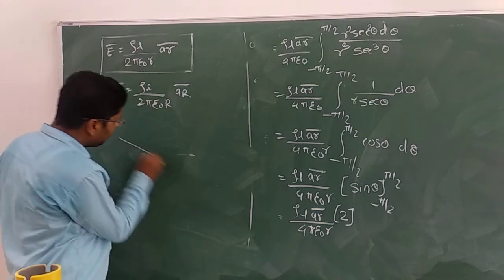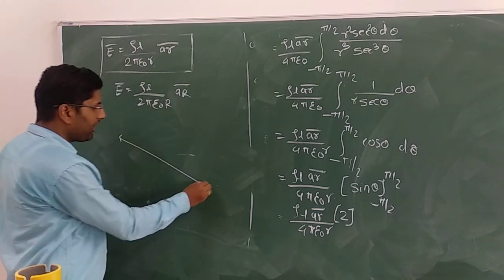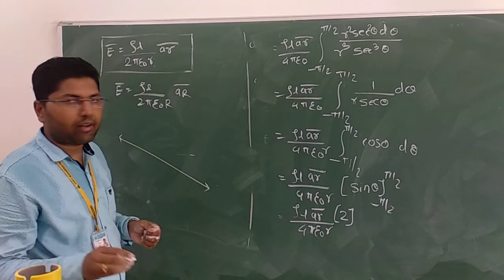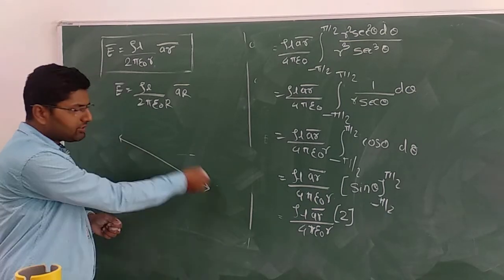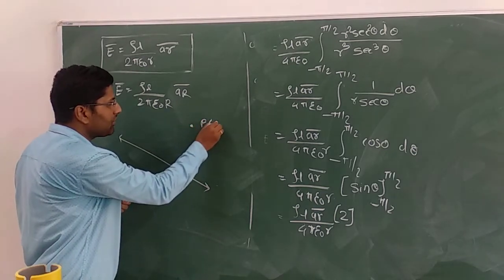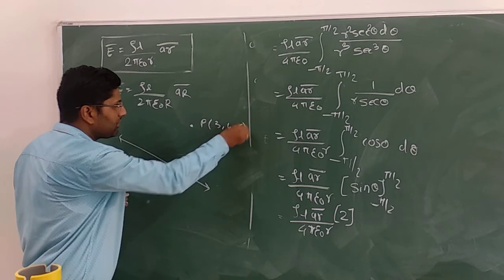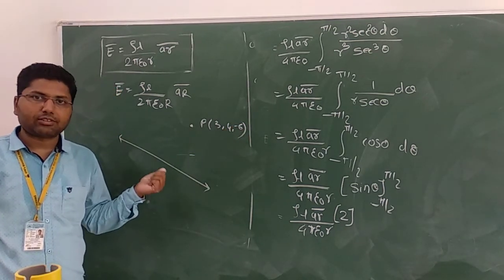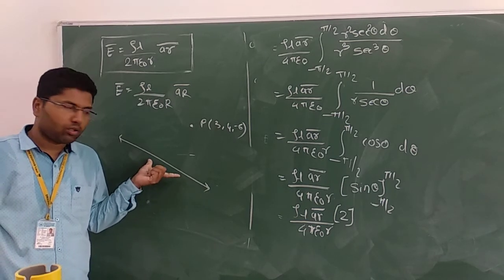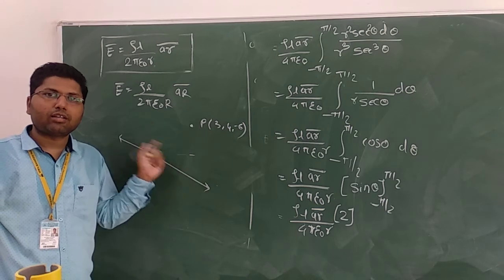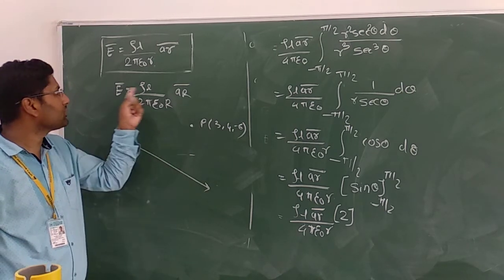Suppose they have given a line charge, and they have given the coordinates of the line charge, and you have to calculate the electric field intensity due to this line charge at any point. Suppose the point 3, 3, 4 or -6 is given. I want to calculate the electric field intensity generated by this line charge at this point. At that time you have to use this formula.